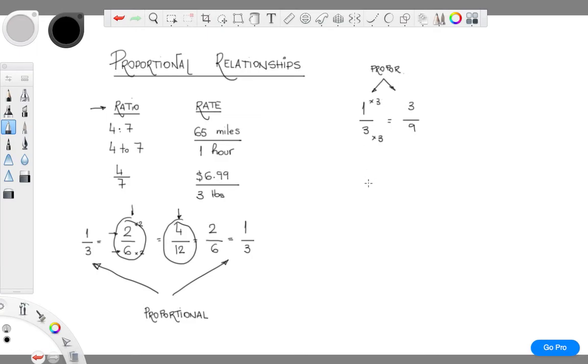Now, if I just change the numbers randomly, for example, if I start with 1/3, and I multiply this times 3 and this times, for example, 5, 1 times 3 is 3, 3 times 5 is 15, I'm going to know that these two fractions are not proportional because they don't follow the same proportion between the numerator and the denominator, as we have seen on this and on this.